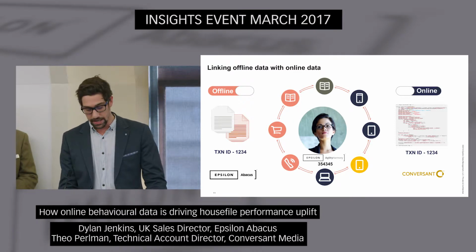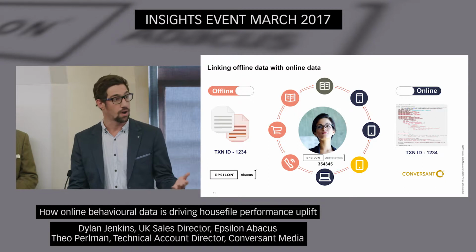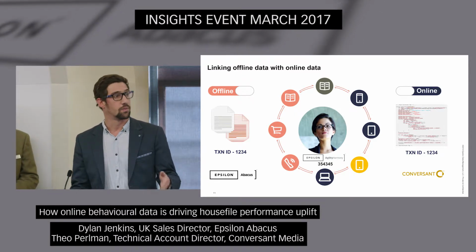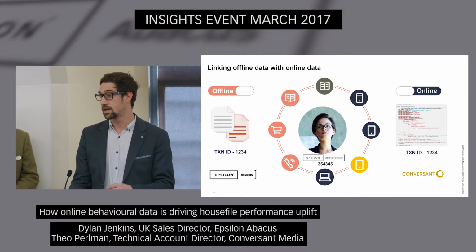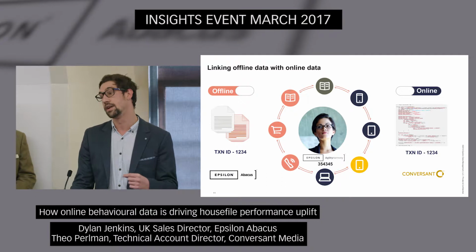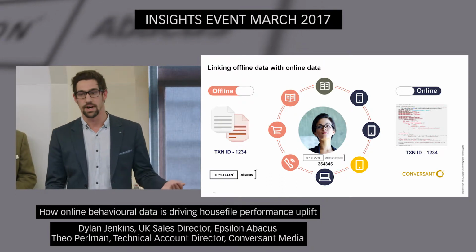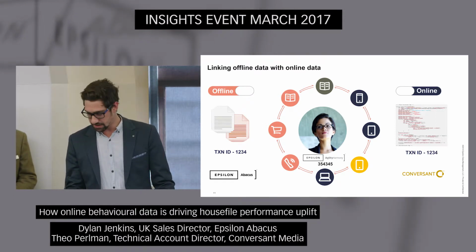So not only what they've purchased from you, how frequently they purchase, but also where they browse and what they browse. And the where they browse is quite a key thing as well, because with the Conversant technology, we're able to join an individual not just to one of their devices, but across all the devices that they interact with the internet with.